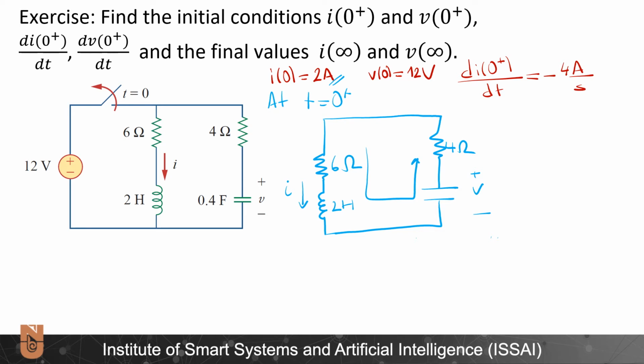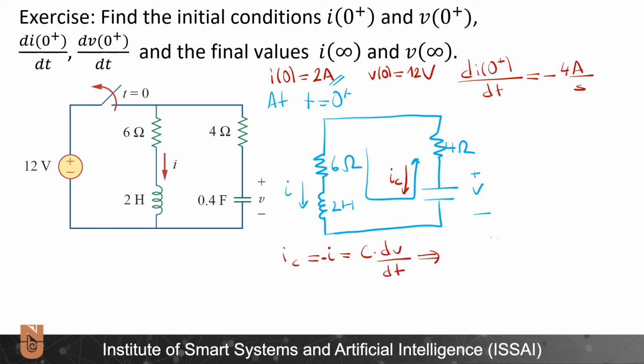Alright, now we need to find dV0 plus over dt. For that, I will define this current as I capacitance, and I capacitance is equal to minus I, and this is equal to C times dV over dt.